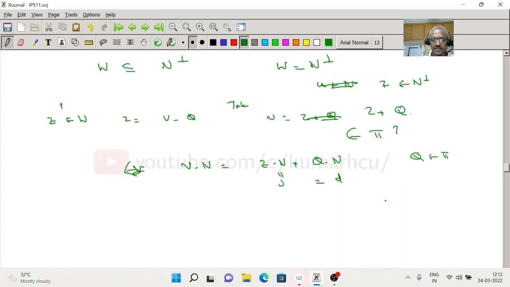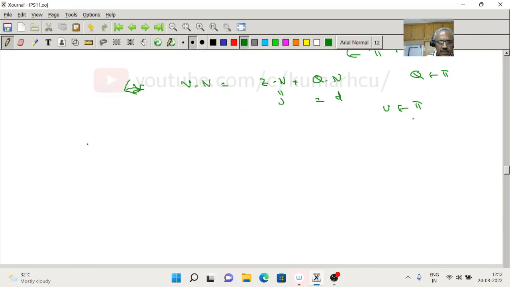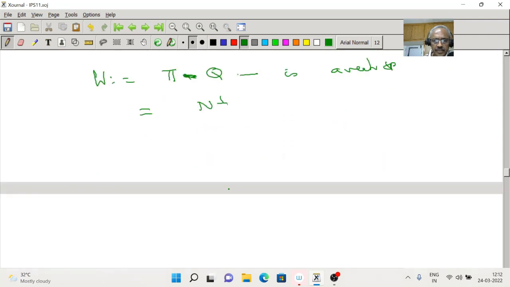Therefore, v dot n is d. That means v is a vector in pi. So what have I shown? I have shown that if I set w equal to pi minus q, this is a vector subspace, and this is equal to nothing other than n perp. Have you understood?